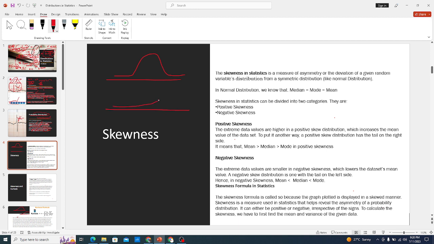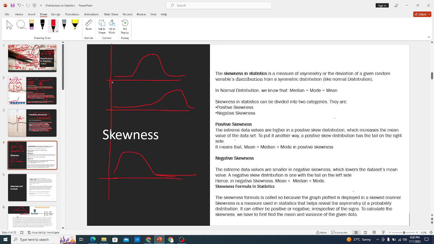Let me do some illustrations here. These are just graphs to show the different skewness we have, but we shall define that.